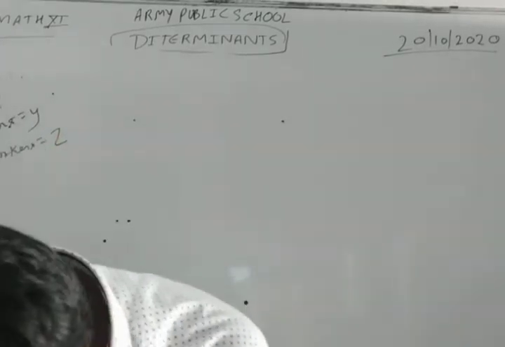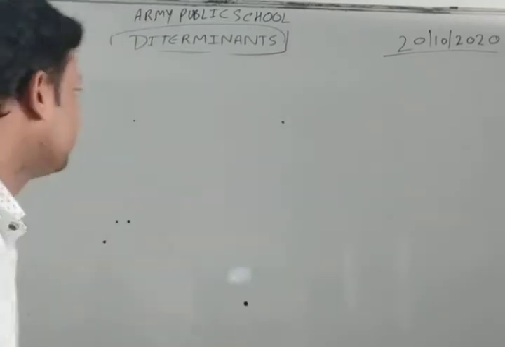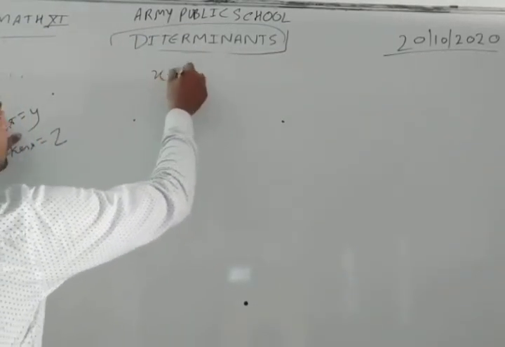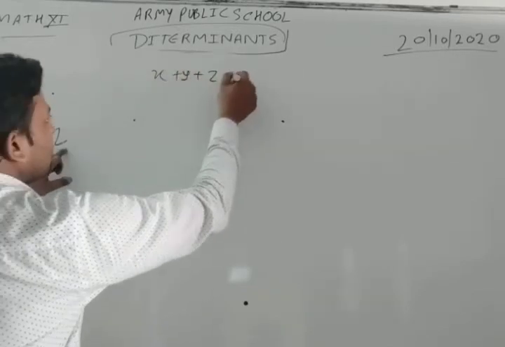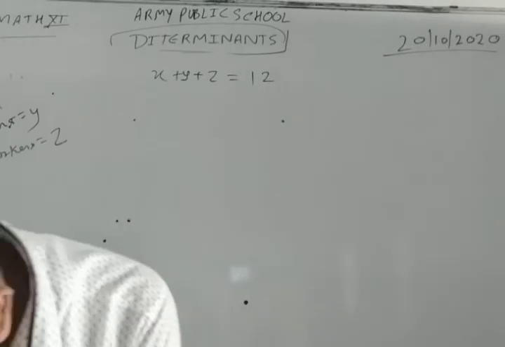So the first equation: the awardees are X and Y and Z, so the number of all the awardees is 12.